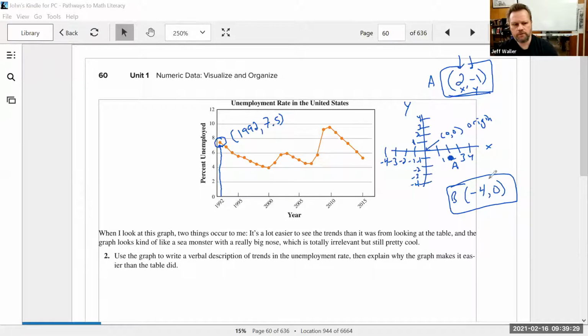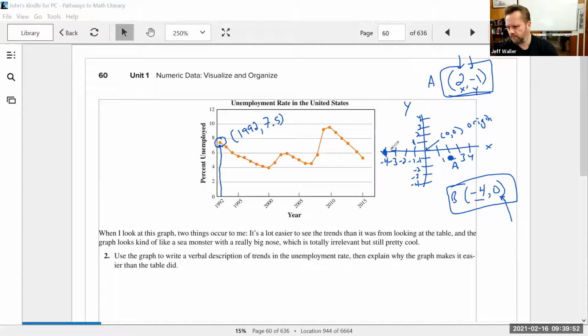No. The first coordinate tells you which direction to move. In the X direction, -4. So the first coordinate is always left and right. So I would go left 4. And the next coordinate is always up and down. So I go left 4, and then I wouldn't go up and down at all.